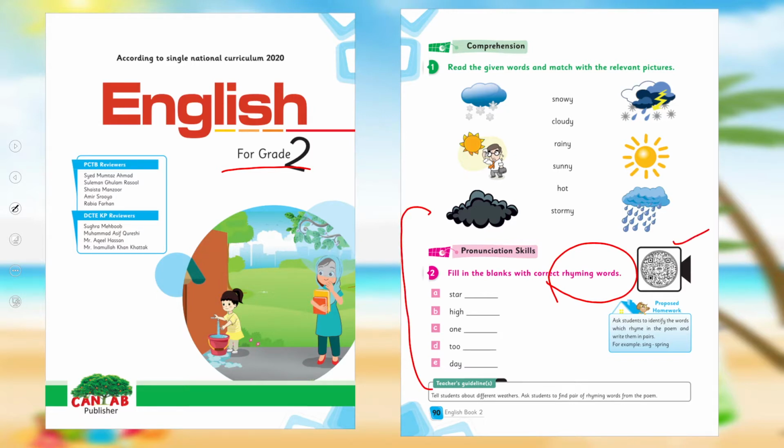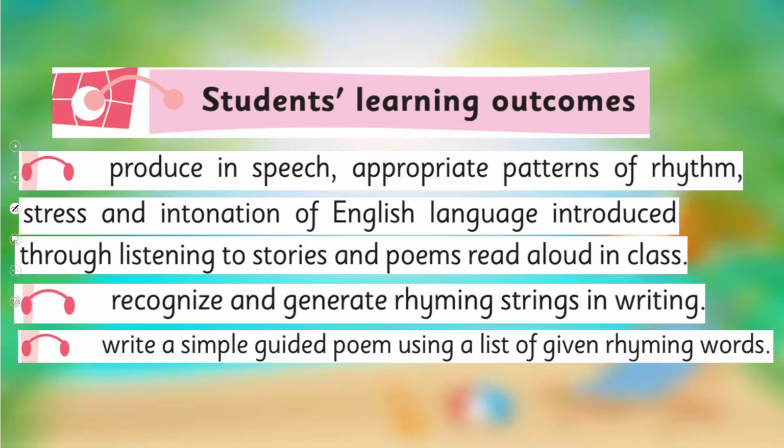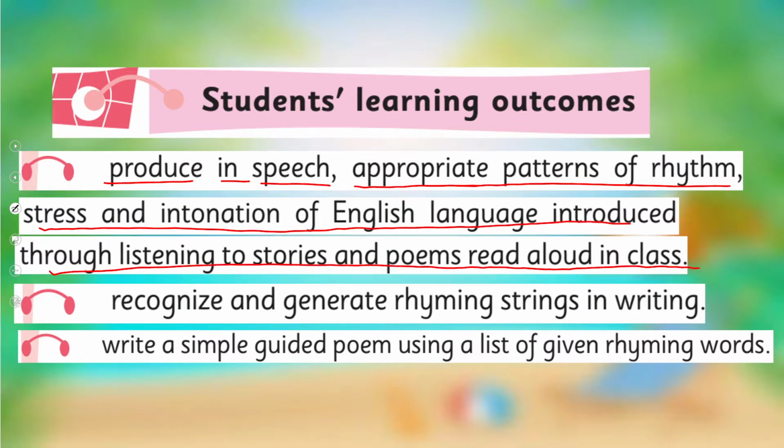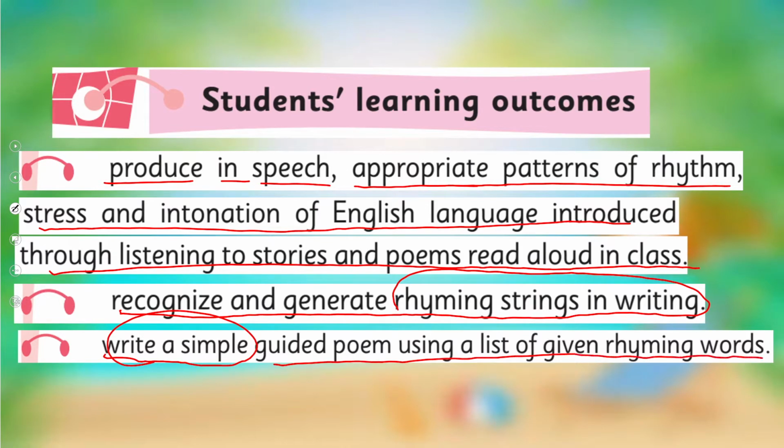If not, you may watch this video lecture again, because this concept is going to help us to learn how to produce in speech appropriate patterns of rhythm, stress and intonation of English language introduced through listening and stories and poems read aloud in class, recognize and generate rhyming strings in writing, write a simple guided poem using a list of given rhyming words. These are our today's SLOs.